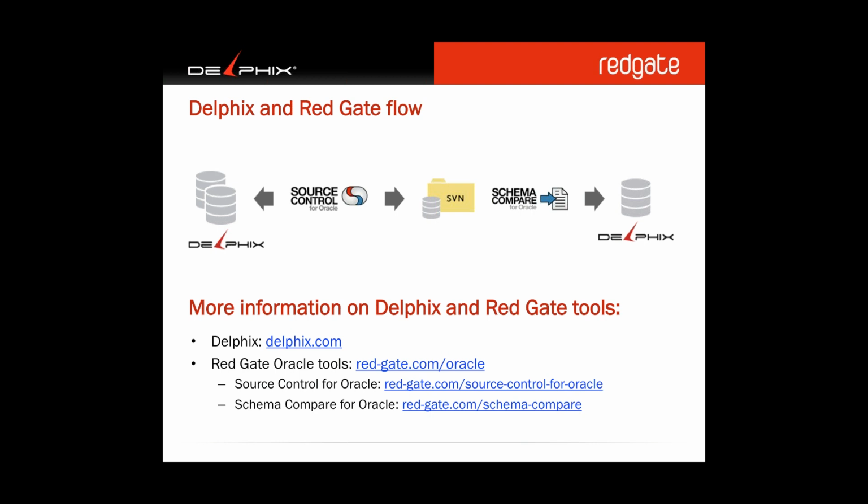And then schema compare enables you to take these changes from the Subversion repository and deploy them back to another copy of the database. Of course, you could use schema compare, as Kyle highlighted in the slide before, to merge changes between databases as you're going along.